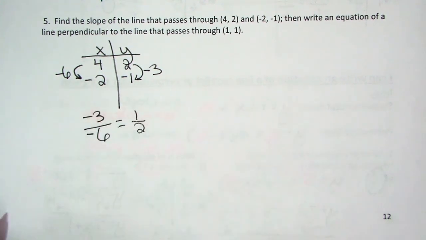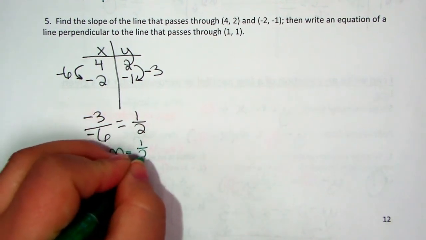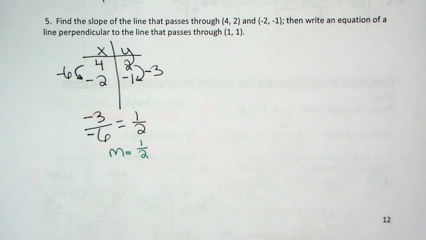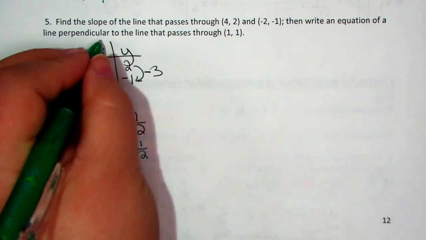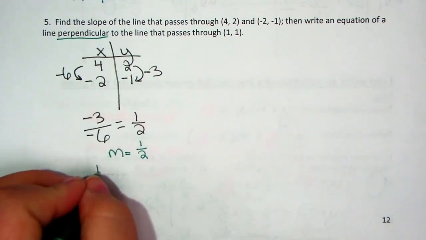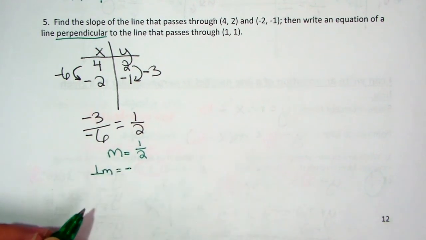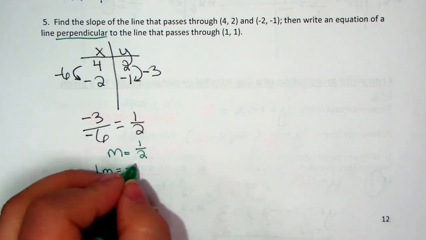So my original slope is 1 over 2. Step 2, make it parallel or perpendicular. Well, it wants perpendicular. So perpendicular slope would be negative, because opposite, and then the reciprocal, 2 over 1, or just 2.